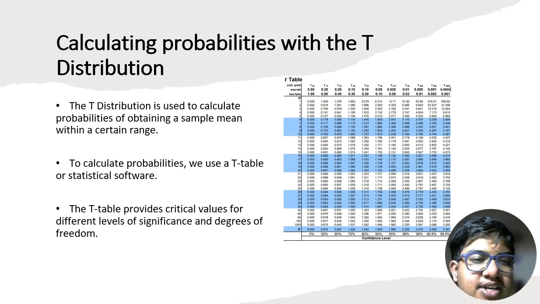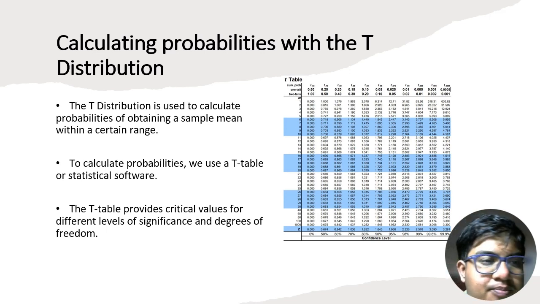Calculating probabilities with the t distribution. The t distribution is used to calculate probabilities of obtaining a sample mean within a certain range. To calculate probabilities, we use a t-table or statistical software. The t-table provides the critical values for different levels of significance and degrees of freedom.